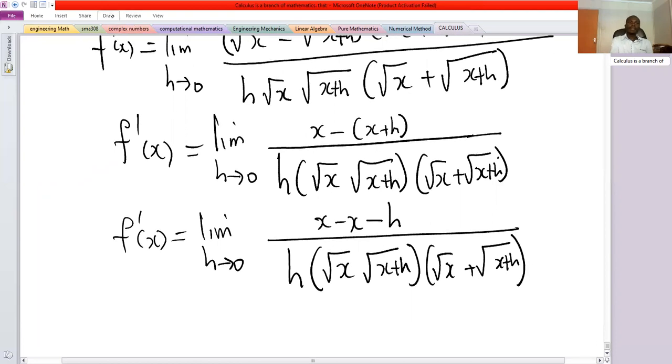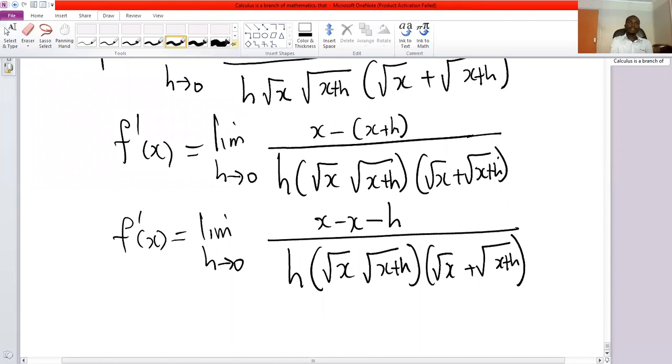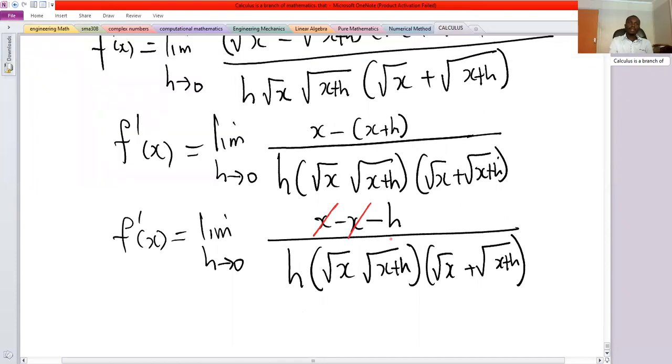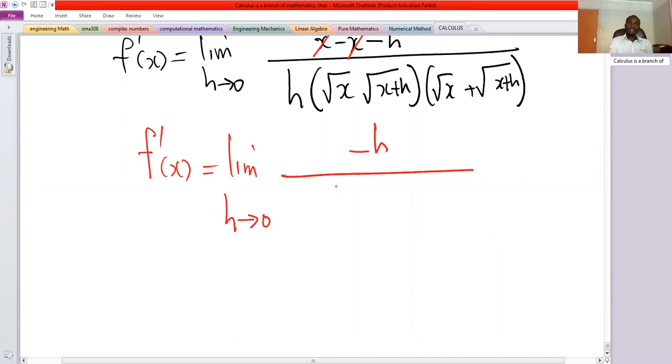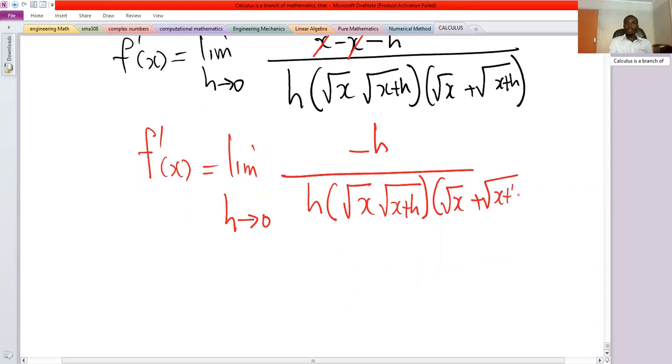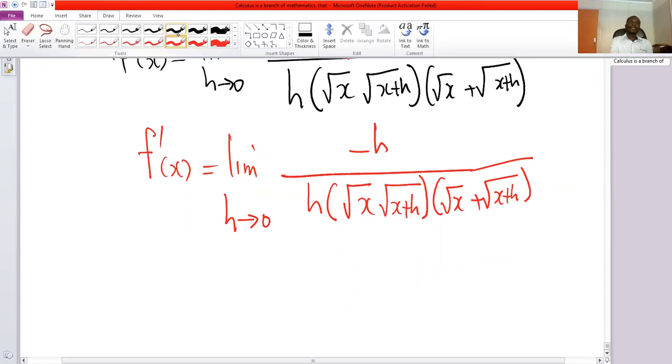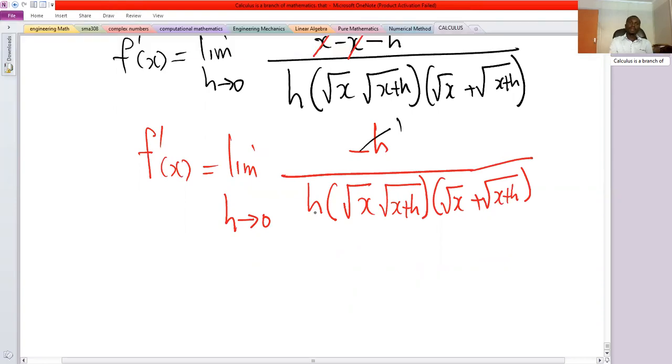Now you see, by opening the bracket in the numerator, x and x minus x cancels out. So we'll have f prime of x is the limit as h approaches 0 of minus h into root x plus h, root x plus h. And now the h in the numerator and this h cancels out.